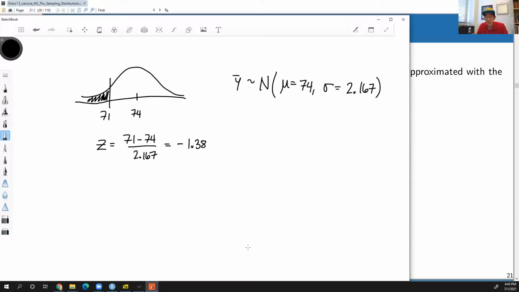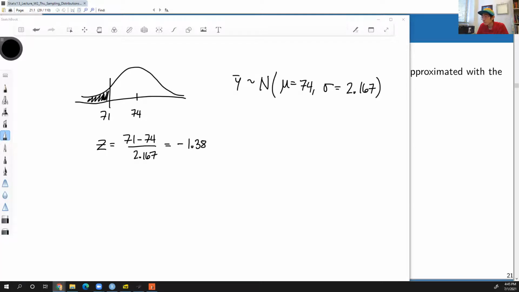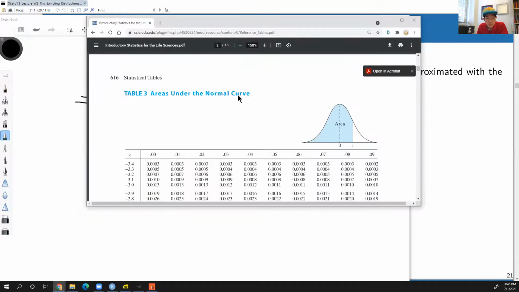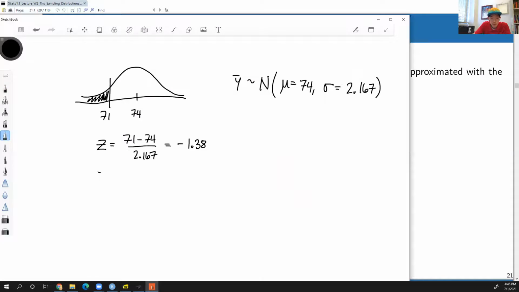All right, and then we go to our reference table. So where is negative 1.38? 0.0838. Okay, so from the table, that's going to be our answer.